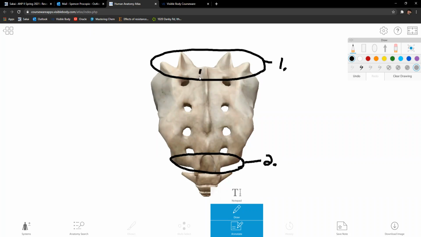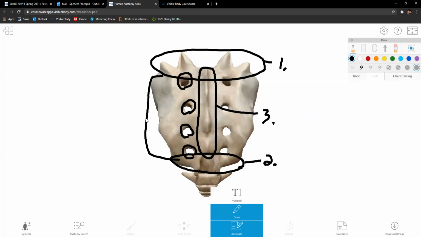Number three, we're going to be looking at this bony landmark that runs right down the middle. That will be number three. And then number four is going to be all these holes, and on this side as well. But all of those holes will be number four.